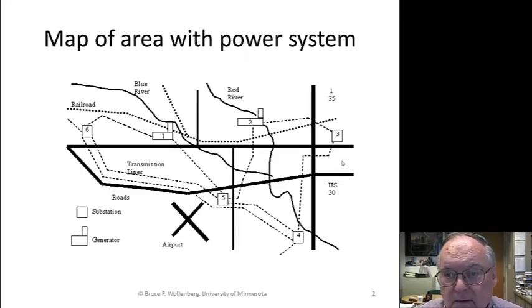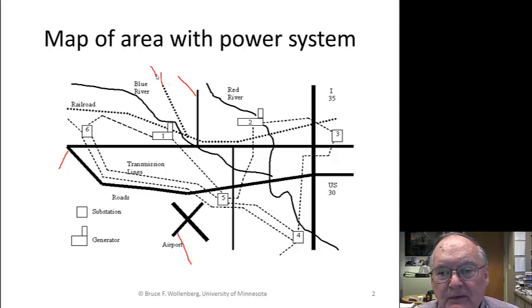Let's take this. This is just supposed to be a map of a city. These dark lines are roads. Here's an airport with the runways, and we have some rivers here. We have the Blue River, and we have the, I'm sorry, that's a rail.